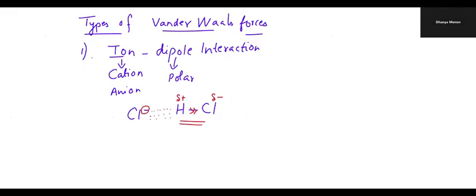Okay, so in the presence of chloride ion, what is happening? There is attraction, weak forces of attraction though. There's a weak force of attraction between the chloride ion and the hydrogen. And this force of attraction is called ion-dipole interaction.